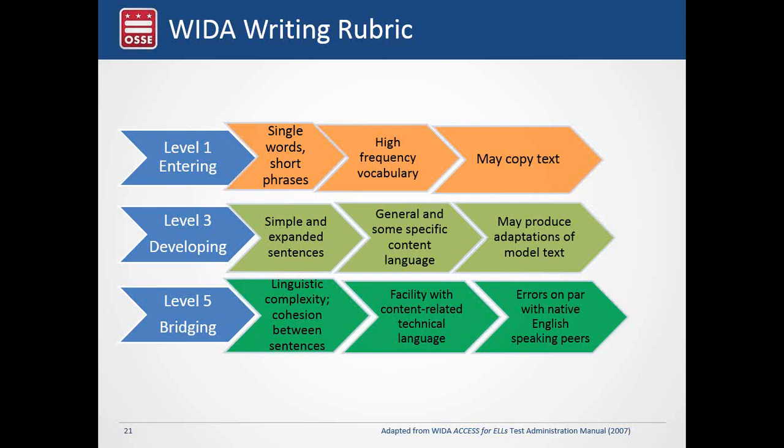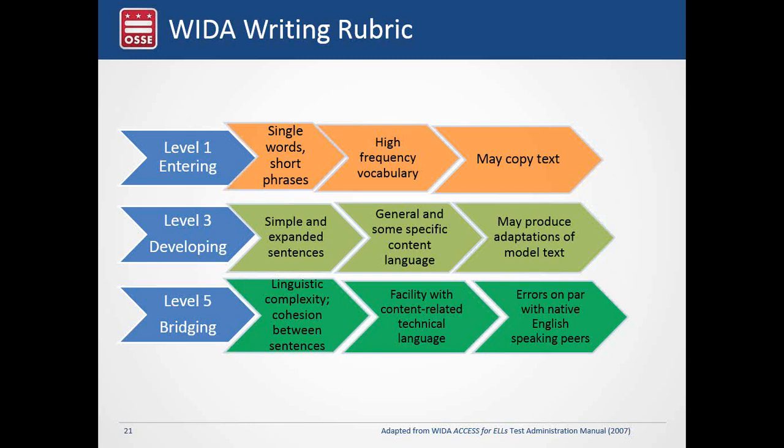For writing, I will also look at WIDA's writing rubric, and that is also a part of the handout. If you're not able to access the handout right now via GoToWebinar, that will be sent to you post-webinar, and you'll be able to see the full WIDA writing rubric.